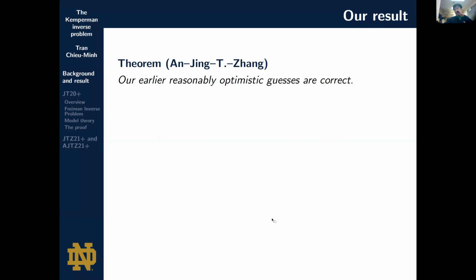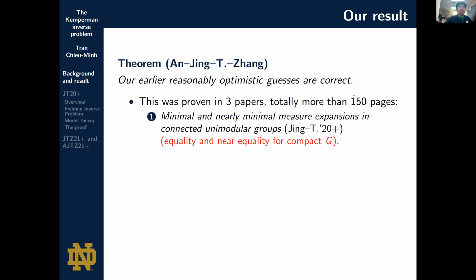All right, so without further ado, let me state the main theorem. The earlier reasonably optimistic guess that we gave just now is correct. This was proven in three papers. We just finished this project recently, and it took us more than 150 pages.